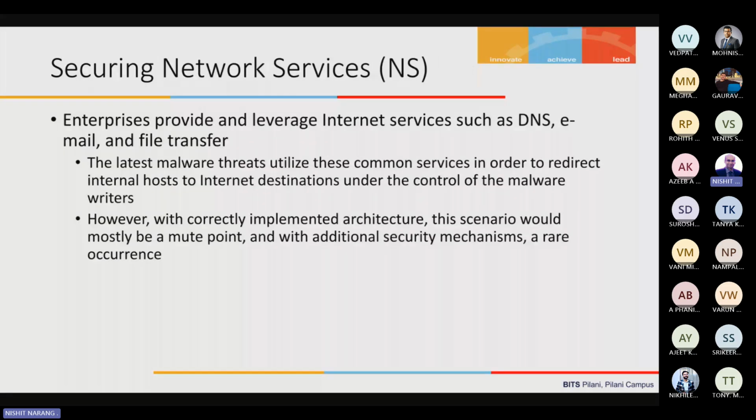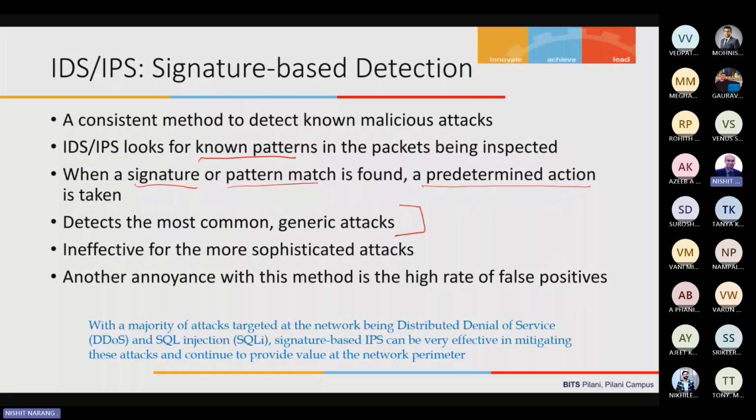Okay, before I go to how you secure network services, I'll highlight one more technique which is very commonly used, and even though it looks very simplistic, it's a very commonly used technique for network security, which is called network segmentation. So we saw that when we looked at the internet structure, the internet is actually a network of many smaller networks.